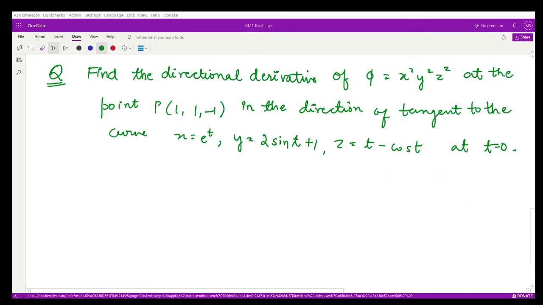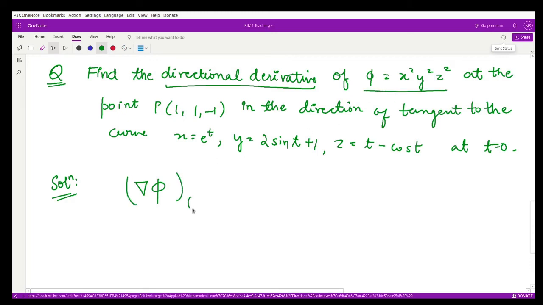Okay, so let's look at its solution. When we solve this, for calculating the directional derivative we will use this formula. Firstly, we compute the gradient of this function phi at the given point (1, 1, -1), and then take its dot product with the direction of the tangent to the given curve.